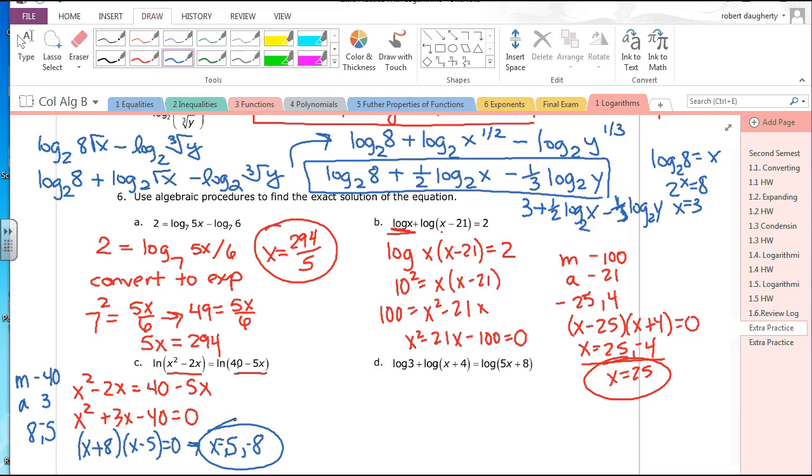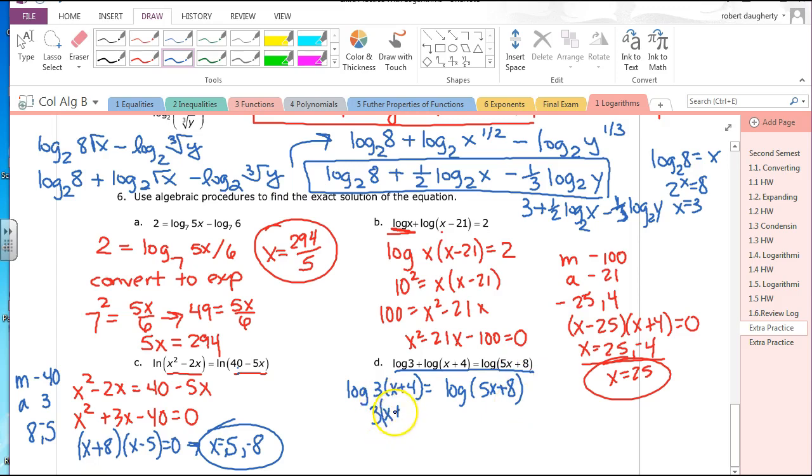If I look at the next one here, logs on both sides, but on the left, I need one log expression. So that's going to be the log of 3 times x plus 4 equal the log of 5x plus 8. Log of something equal log of something. That means these somethings have to equal each other.